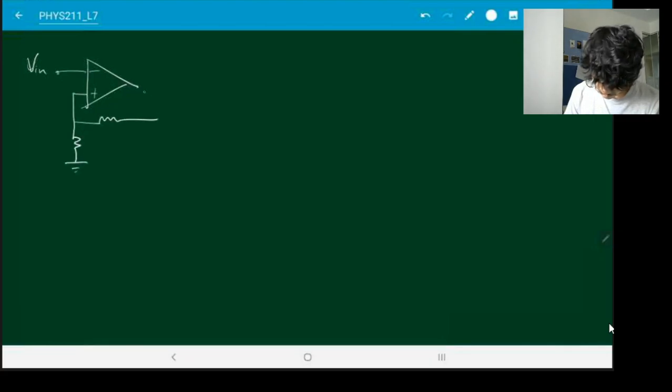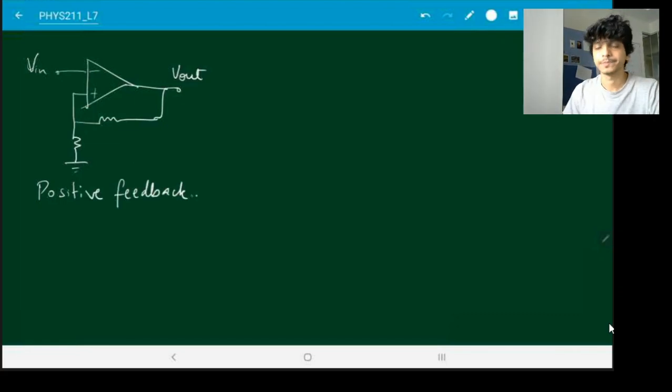So in the last lecture, we looked at the Schmitt trigger, and you can see that this is an example of a circuit that has what we call positive feedback.